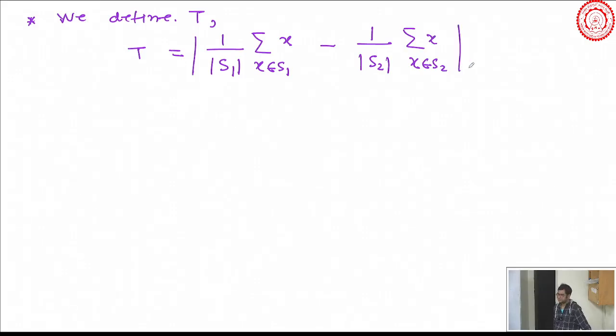What is it saying? If the mean matches, which is not a good metric, but anyway, the mean matches, and matching means again less than a threshold. So if the difference of means is within some threshold, we can say that the distributions are the same, right?